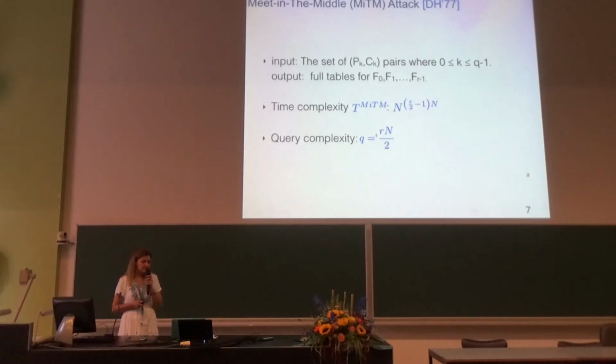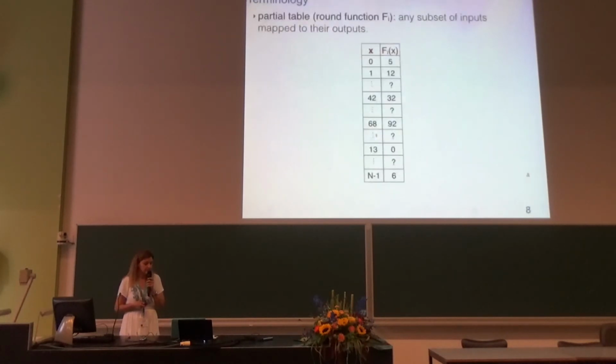The query complexity can be taken as the information-theoretic bound, which is R over 2 times n, and the time complexity of the attack is just as I showed you here. I'm going to use this to compare our algorithm with the meet-in-the-middle attack, because it's the widely known generic attack on Feistel networks that we can think of.